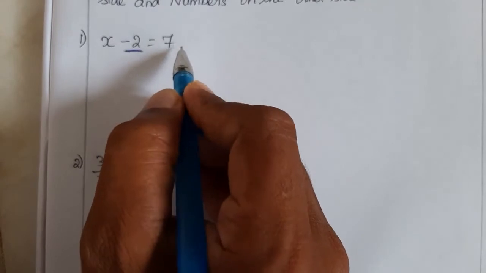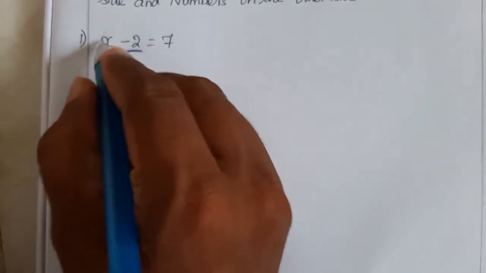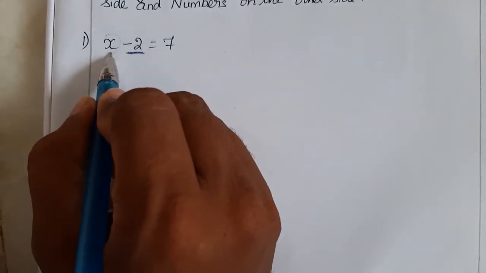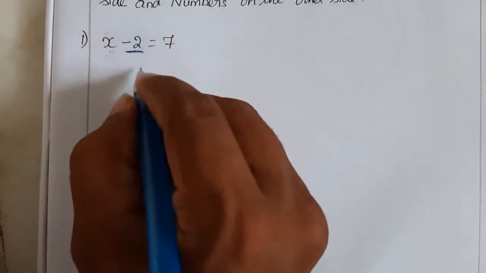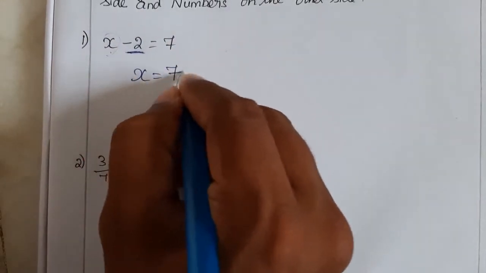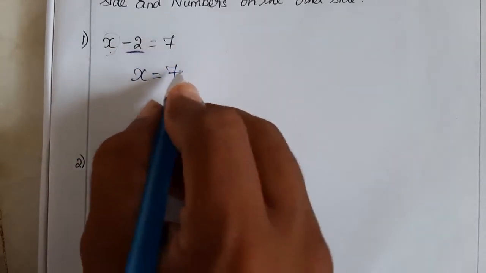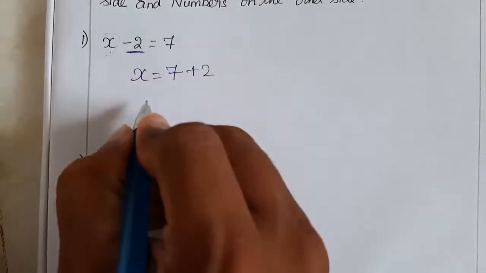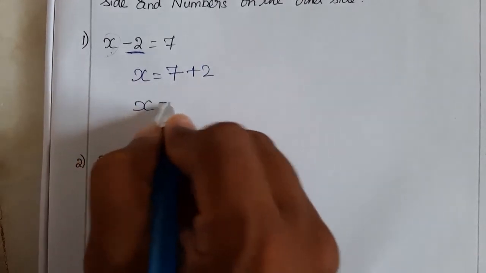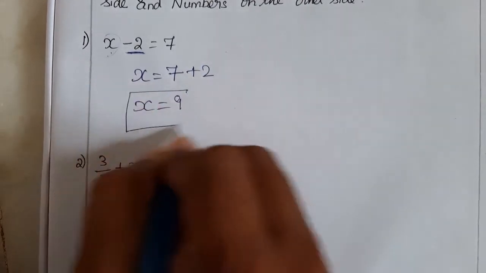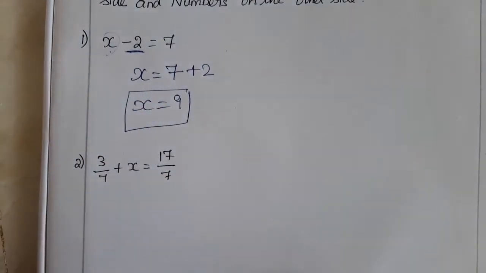If you bring it here, it will become addition. So x will be there because we have to find the value of x. That's why it's called solving. So x is equal to 7, and the subtraction of 2, if you transform it, will become addition, right? Addition of 2. So 7 plus 2 is 9. So the value of x is 9.